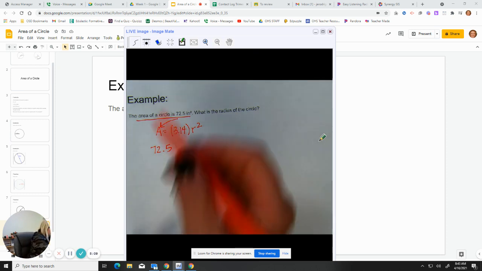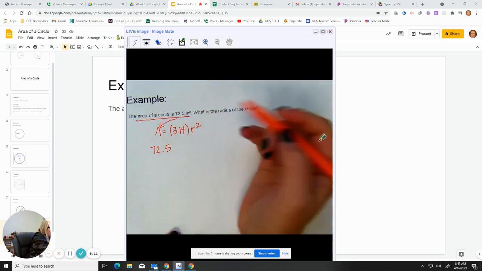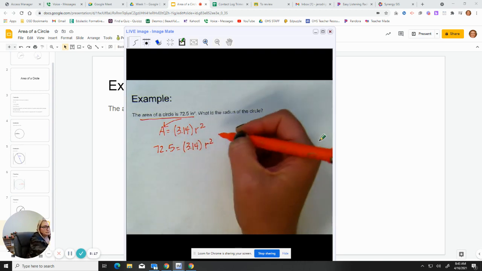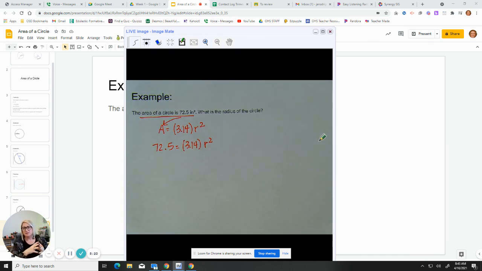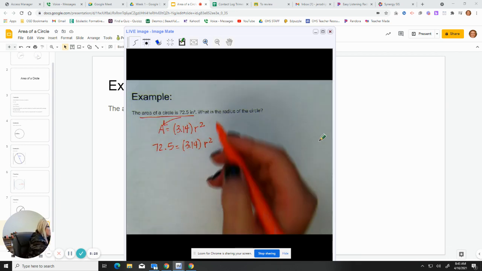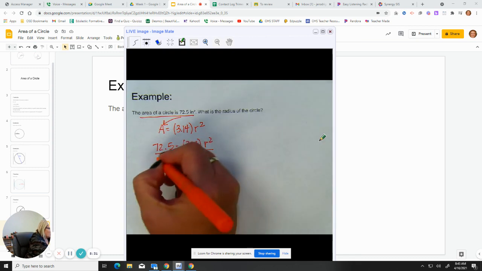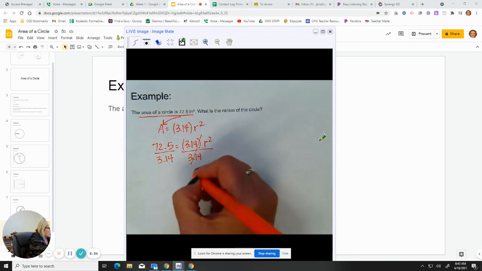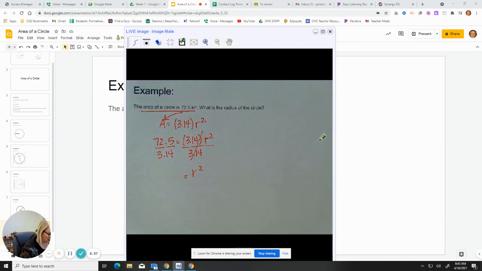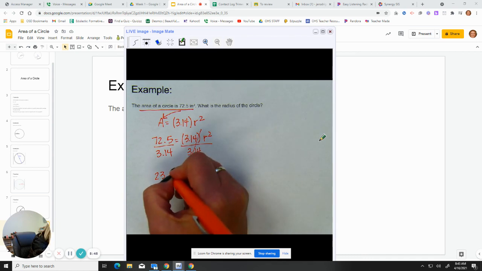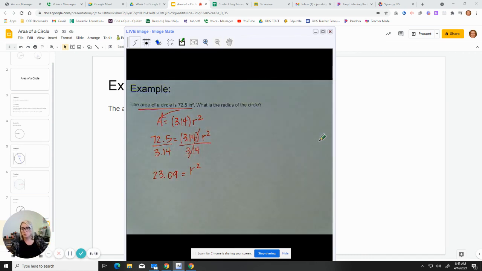Okay, so we're going back. We're plugging in 72.5 for area. The 3.14 stays here, and r squared stays here. Now we have an equation that has a variable that we can solve for. We are going to leave r squared alone, and divide both sides by 3.14. So r squared comes down here, and 72.5 divided by 3.14 is 23.09, rounding it.